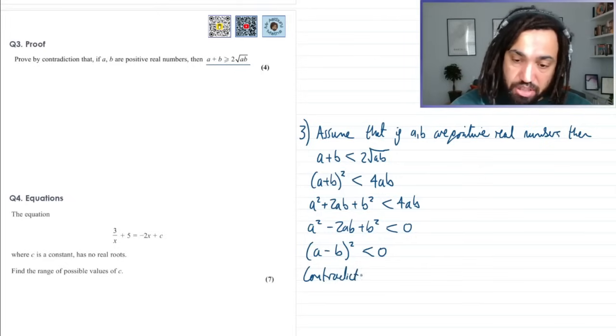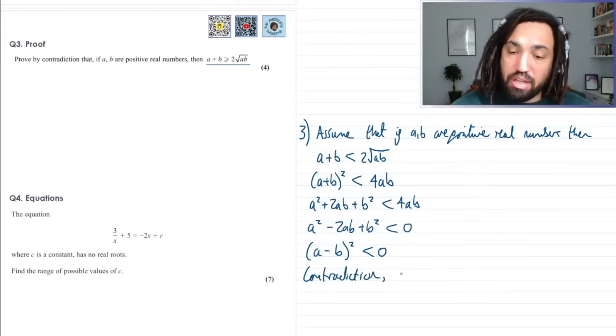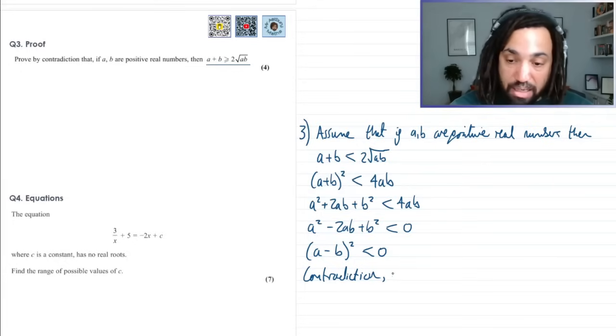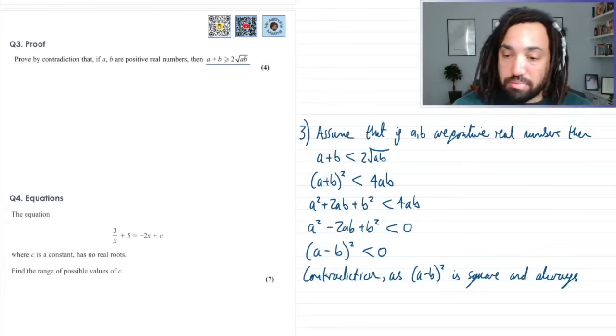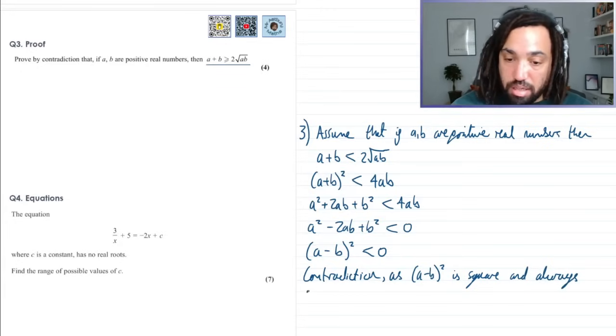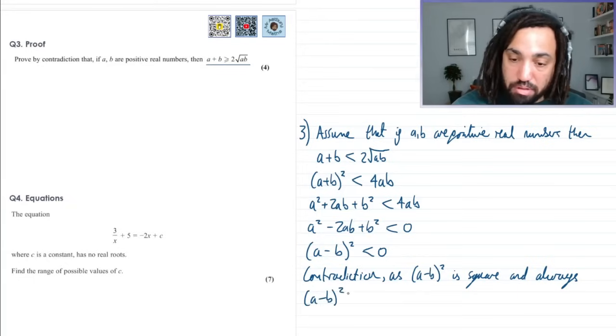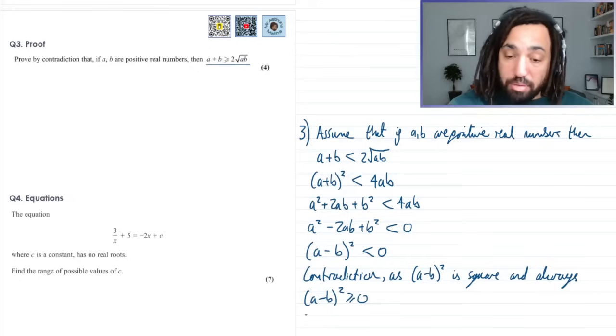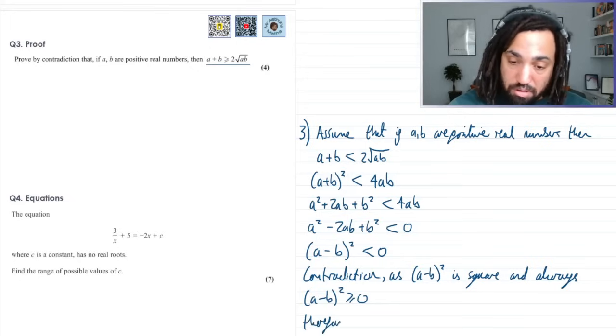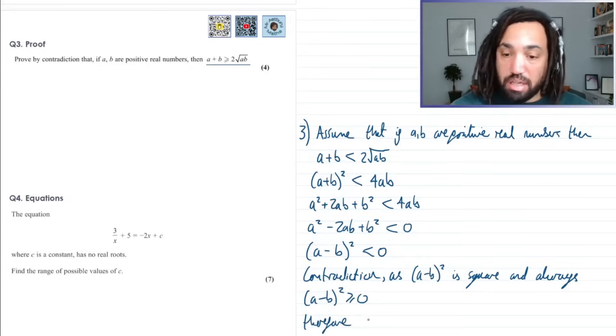And this is a contradiction. So we say contradiction, as (A minus B) squared is a square and always greater than or equal to 0. And then we have to write a little concluding statement.